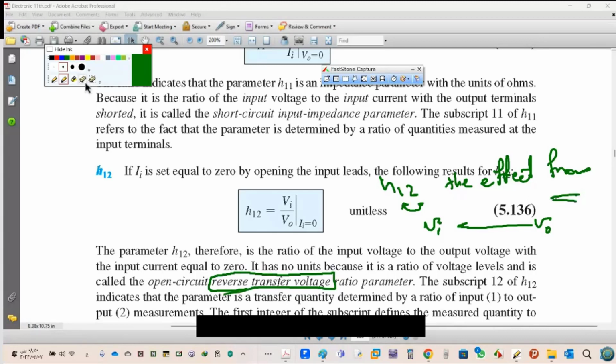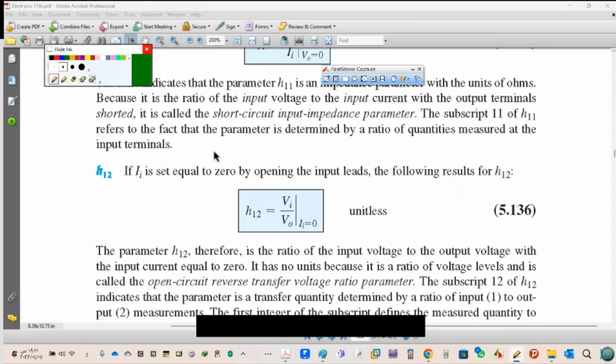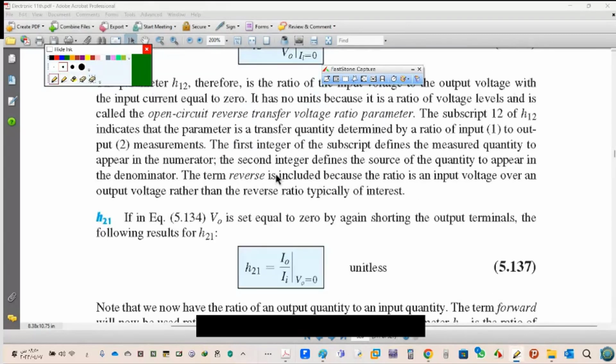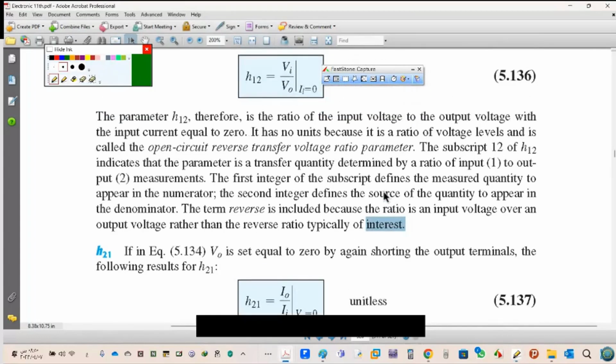Now, third parameter is this one. Reverse is included here because the ratio is input voltage over output voltage, rather than the usual ratio, which is typically the inverse. Okay, interesting. Usually this reverse voltage, H12, is very small, so we can ignore it.